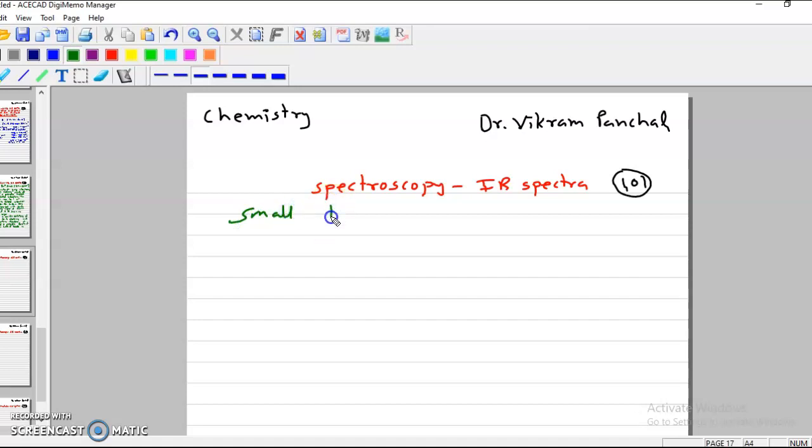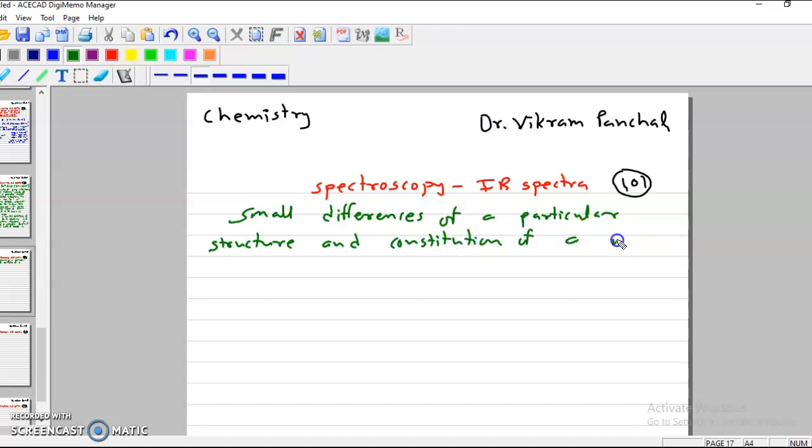Small differences in the structure and constitution of a molecule result in significant changes in the IR peaks of this region.